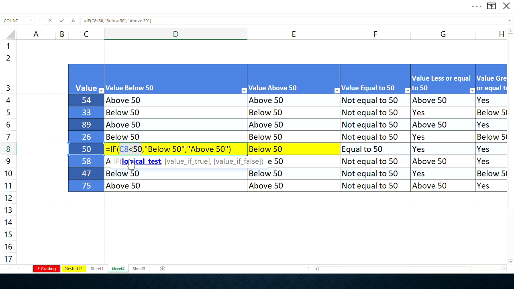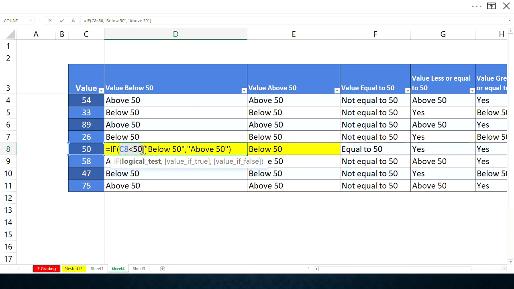So this if function has to be modified so that it has another condition within it. This is what we discuss as the nested if function, having more than one if condition.